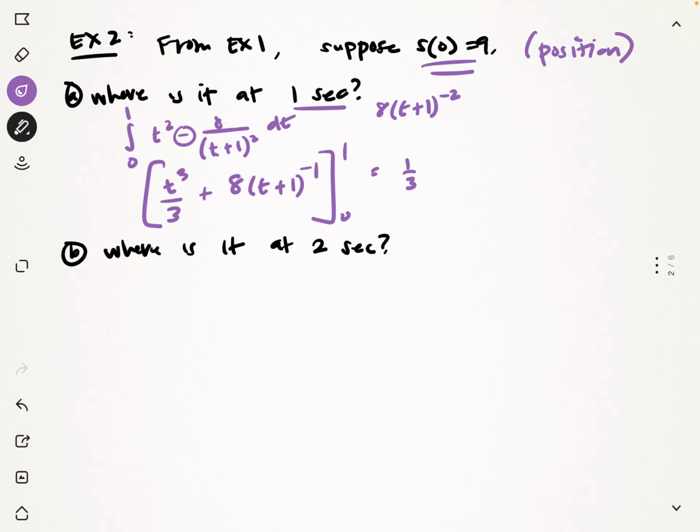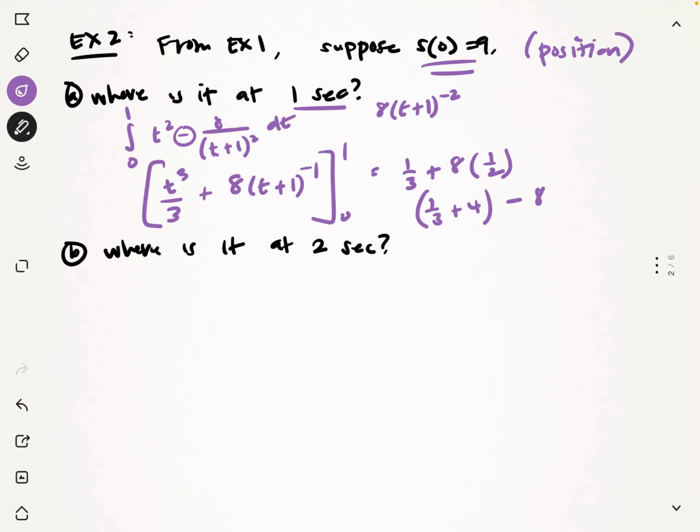So plus 8 times 1 over 2, so 1/3 plus 4, minus, we're going to plug in 0. So 0 over 3 is 0, and then 0 plus 1 is 1. 8 over 1 is 8. So 4 minus 8 is negative 4.